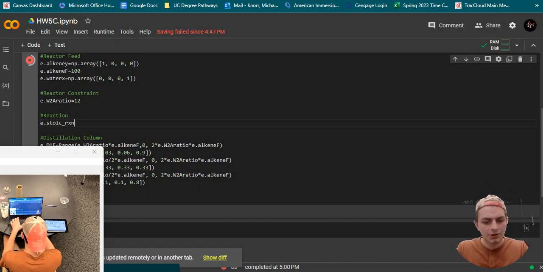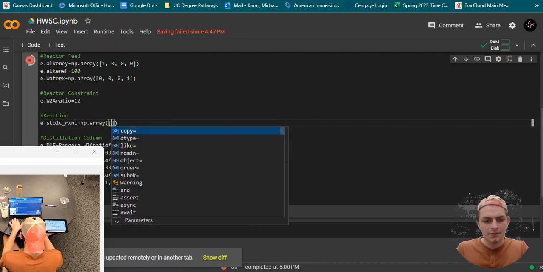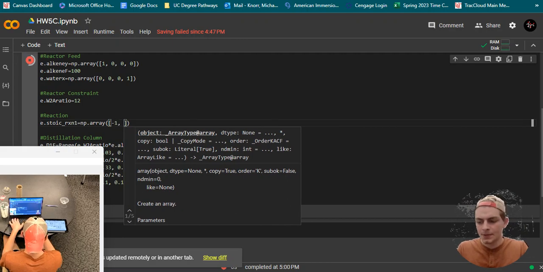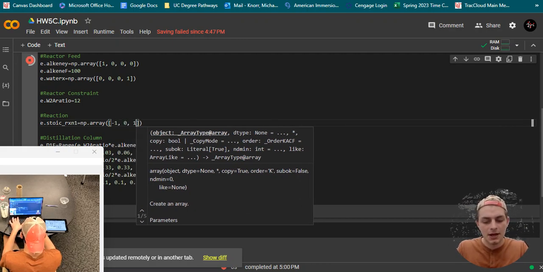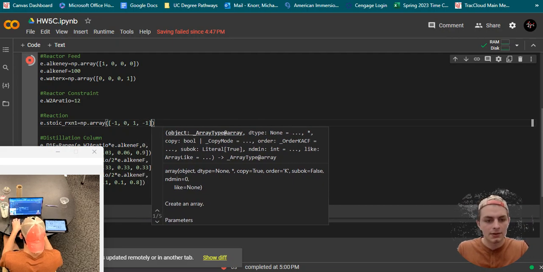So we need to make a stoich of our reaction 1, and that is going to be equal to an array here of alkene first is going to be -1, and then we have next is our ether, and then alcohol, and then water.